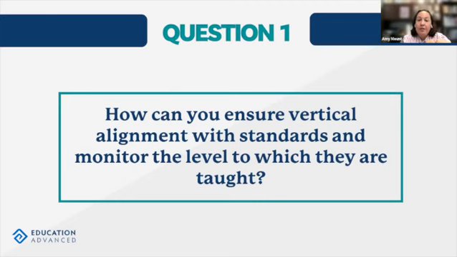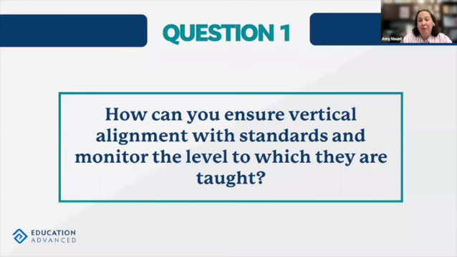Helping teachers, instructional supervisors, and instructional coaches really think about the big picture is the most challenging part about monitoring to the level that they're taught. That's the first piece: even understanding what we mean when we say vertical alignment, and how all of these different pieces fit together.